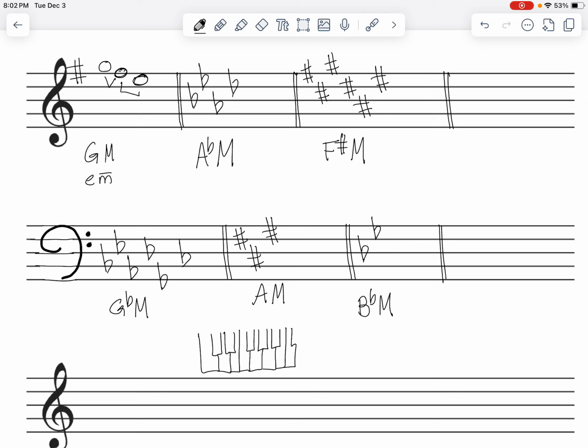We don't do anything different. So we have A flat major here, and we're gonna go A flat. Sorry, you don't need the courtesy accidental. A flat, G, F. Notice that it's not F flat. Just because there are flats in the key signature does not mean that this is F flat minor.